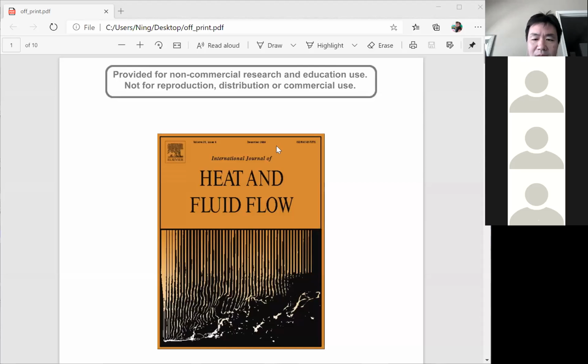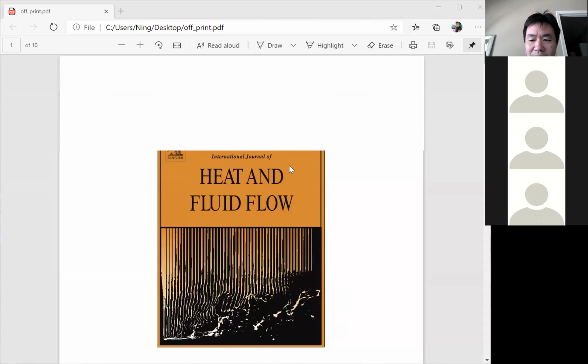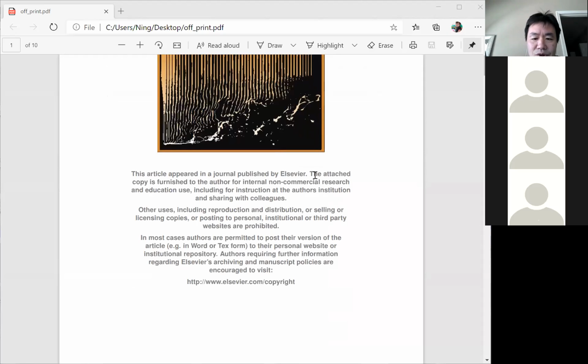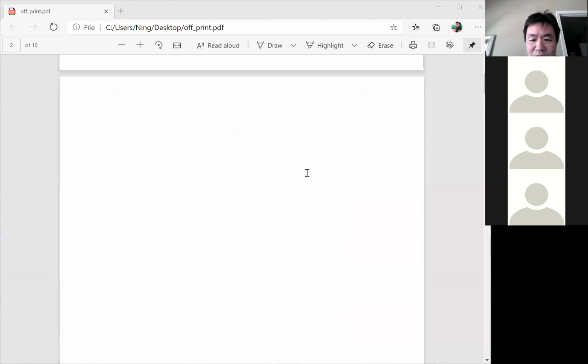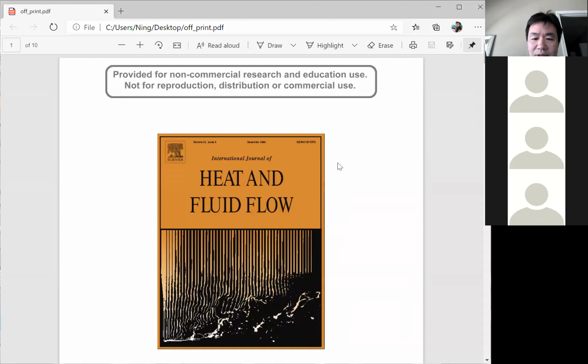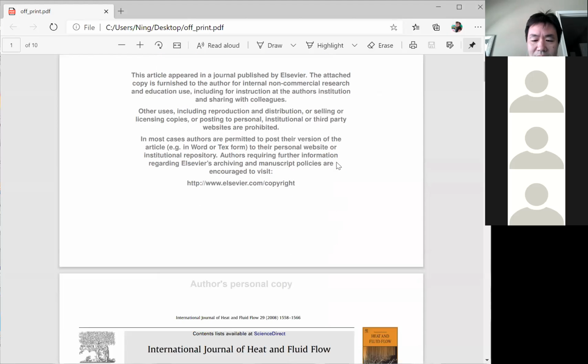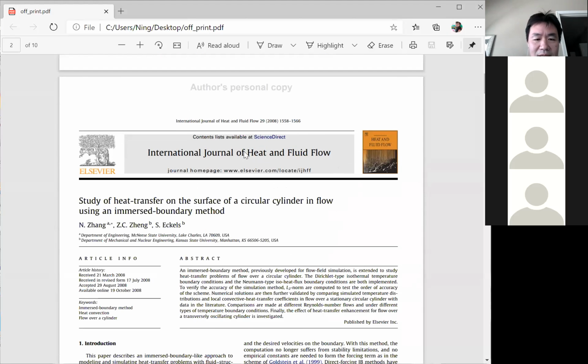Hold on, did I open that paper? Okay, here we go. Did you see that paper? International Journal of Heat and Fluid Flow. This is actually a chemical engineering journal. They talk about heat transfer a lot, convection heat transfer. Why do I only see white and blank pages? Did you see anything? Okay, here we go.